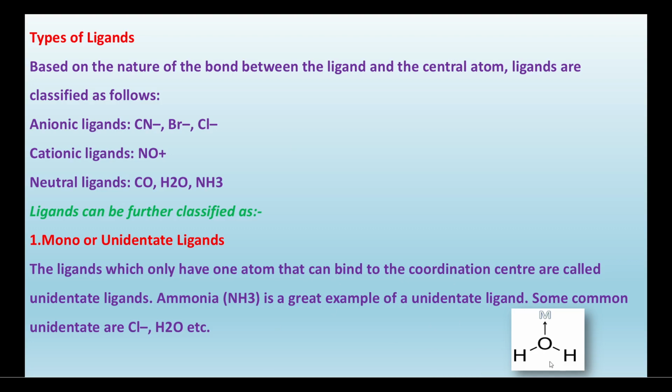The metal is bound through one atom, which is called the coordination center, and only one atom will be bound to the respective coordination center. This is the pictorial representation of monodentate ligands.